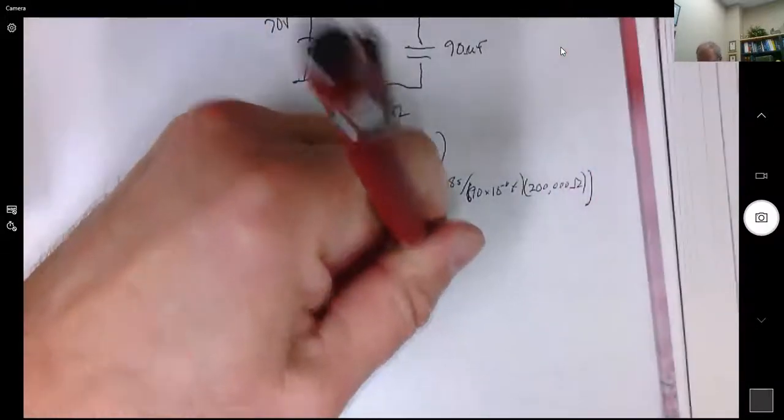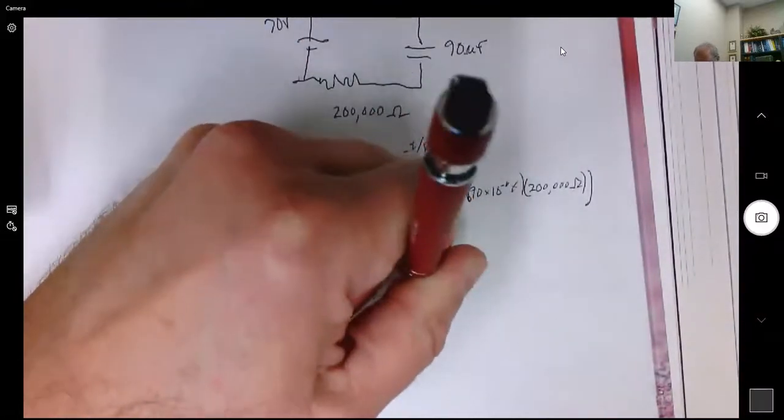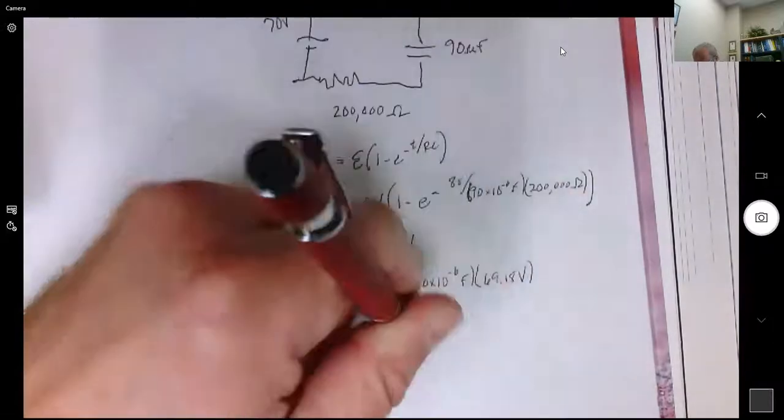And so our capacitance is 90 times 10 to the negative 6 farads. Our voltage is 69.18 volts, okay?